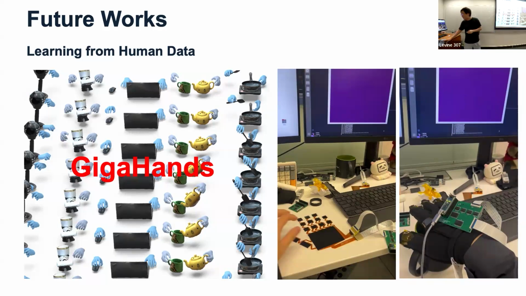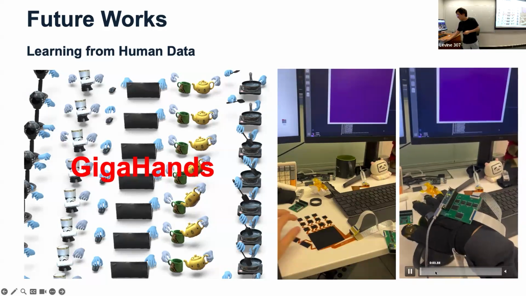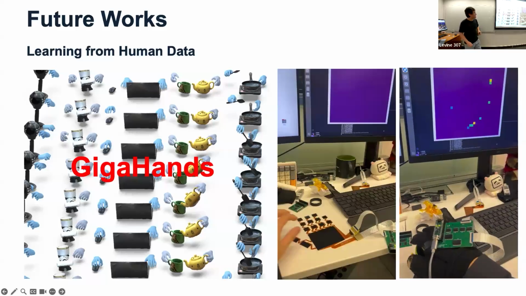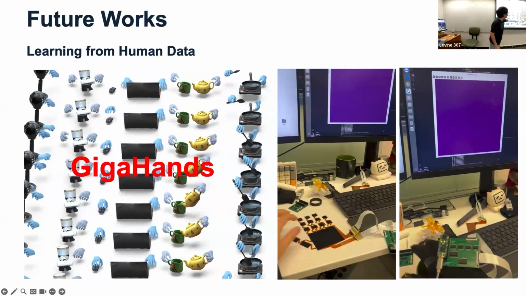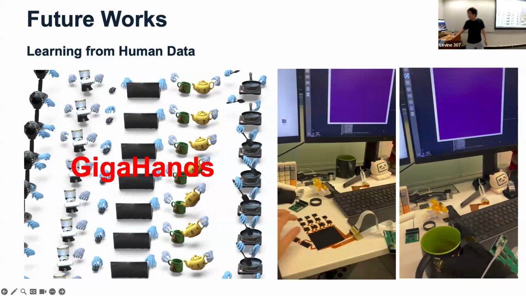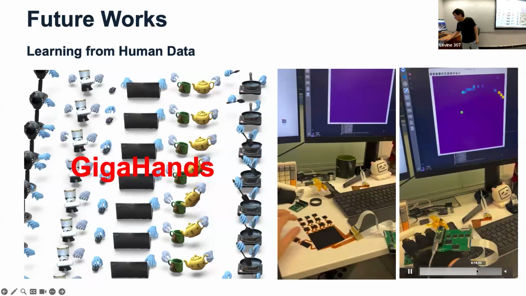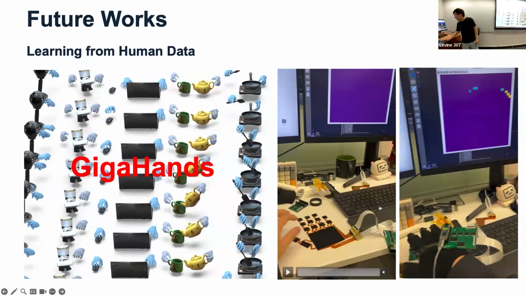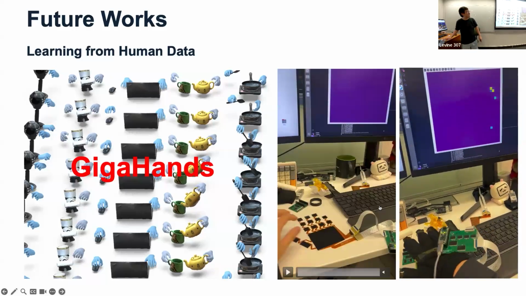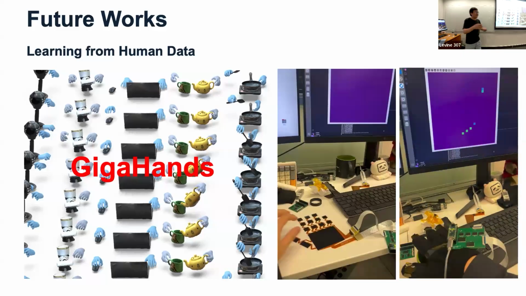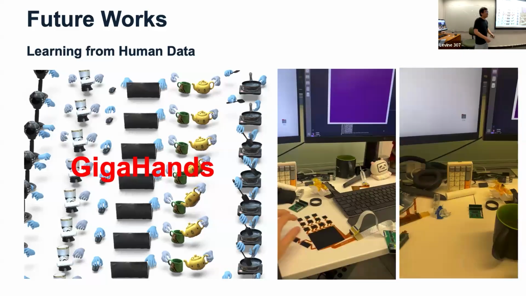So we can see a simple demo. I put the tactile sensor on the glove, and we can see the edge of the cup. But this is at a very initial stage. We haven't improved it a lot.